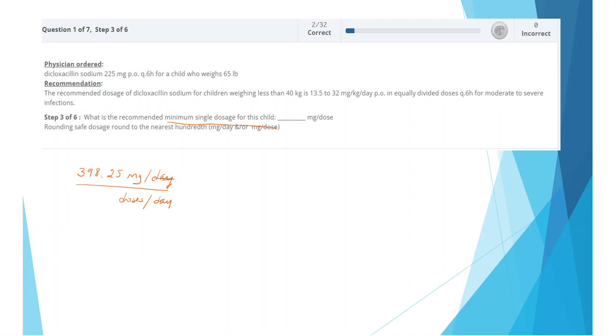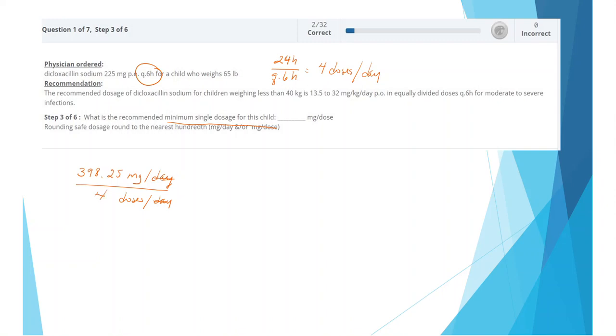That way our days cancel and we end up with milligrams per dose. But how many doses do we have in one day? Well, remember, it's ordered every 6 hours. So if you take 24 hours and divide it by every 6 hours, you get 4 doses, because 6 times 4 is 24. So 4 doses per day.